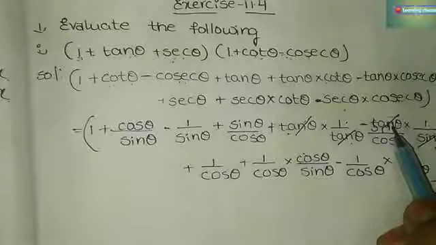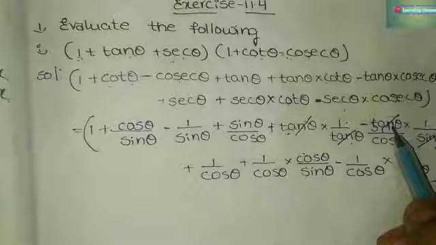Next step, now I am writing the values: 1 plus cos theta by sin theta minus 1 by sin theta plus sin theta by cos theta plus 1 minus, here sin cancelled, so 1 by cos theta into 1, plus 1 by cos theta, plus 1 by cos theta into cos theta by sin theta, and minus 1 by cos theta into 1 by sin theta.